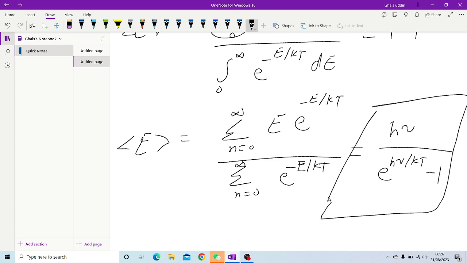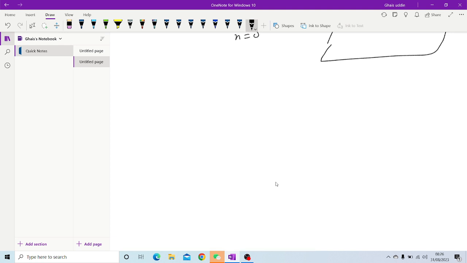For this, we now use the Boltzmann distribution to determine the expected occupancy of modes in thermal equilibrium.